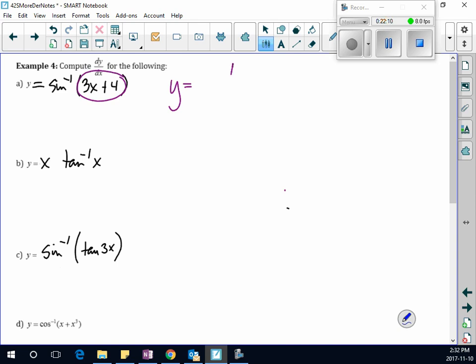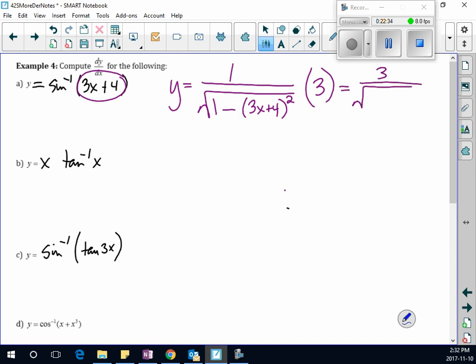So it's going to be 1 over the square root of 1 minus (3x plus 4), the whole thing squared, times the derivative of that, which is 3. Now you can simplify. Really, all you do is probably put the 3 on top.